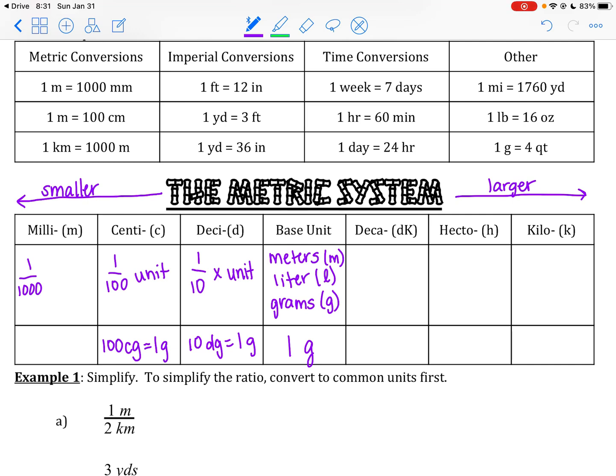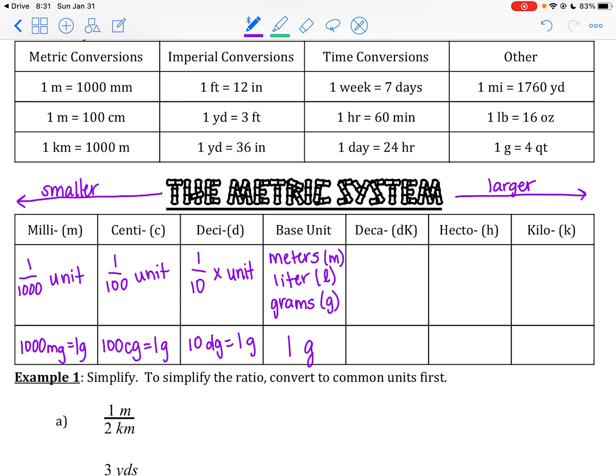So that would be 1/1000th of a unit. And that means that there would be 1,000 of whatever we're talking about. So if we're talking about meters, liters, or grams, there are 1,000 milligrams in 1 gram. These are smaller, so there's going to be more of the one with these prefixes than the original.